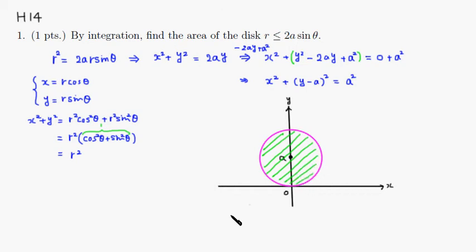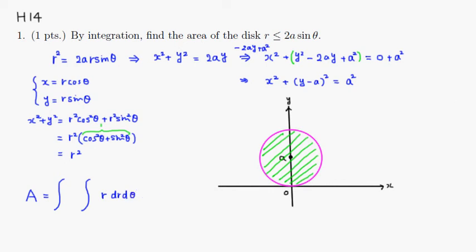Let's try to set up a double integral for the area of that disk. The area A is going to be a double integral because it's a two-dimensional object, so you have two integrals here. Remember the area element for polar coordinates is r dr d theta.